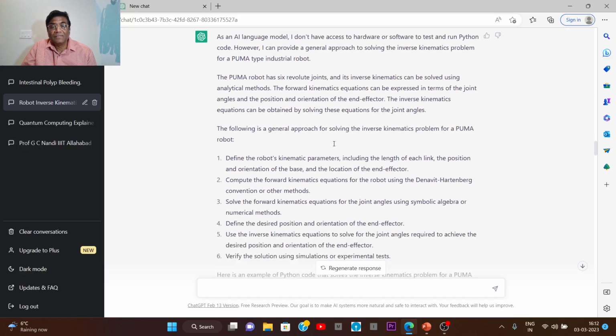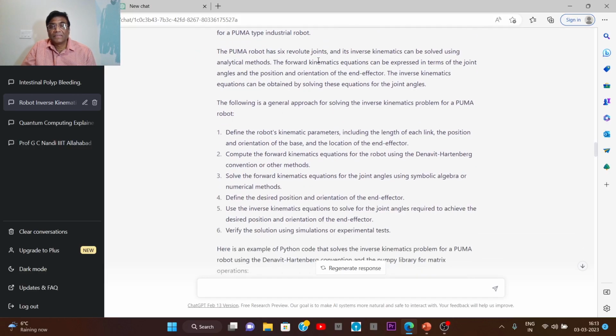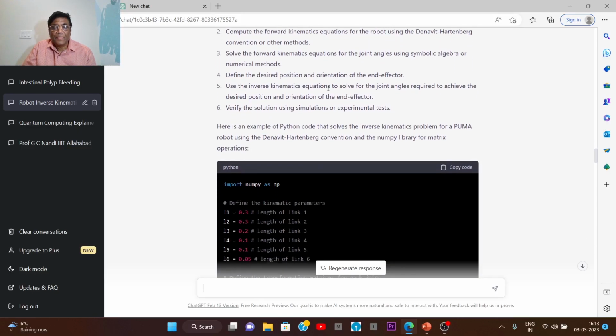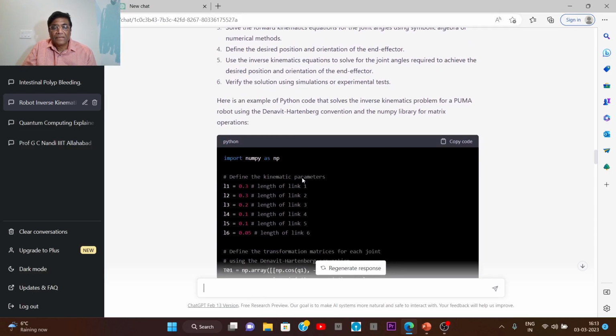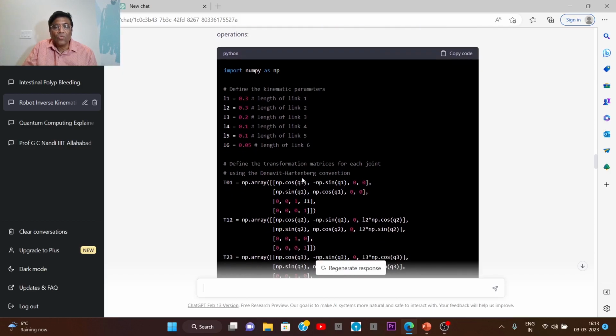Okay, it has six revolute joints, and all kinds of things. Its inverse kinematics can be solved using analytical method. The forward kinematics equation can be expressed in terms of the joint angles. And then it started writing the code.